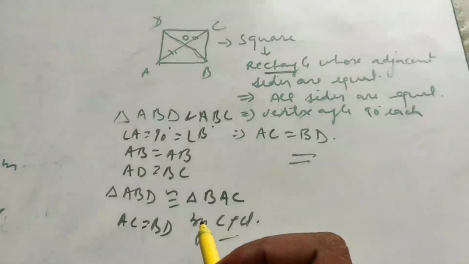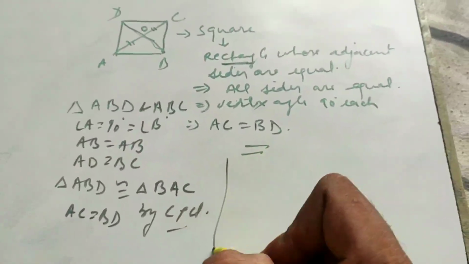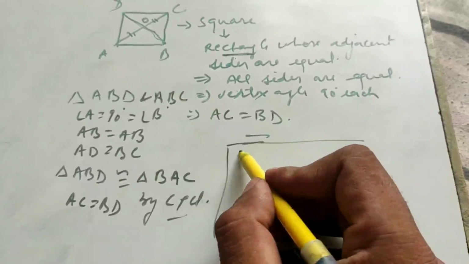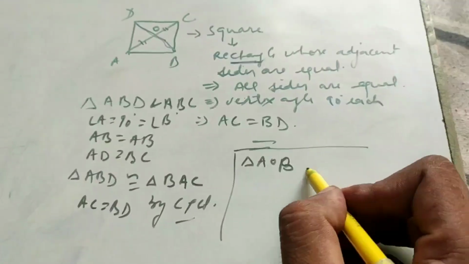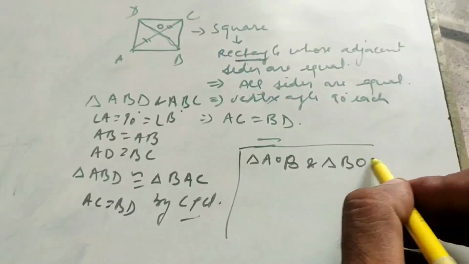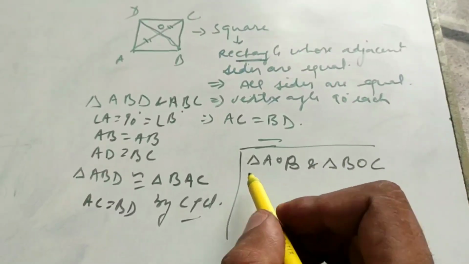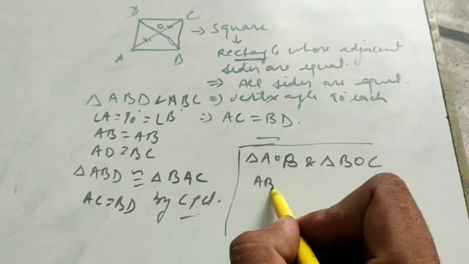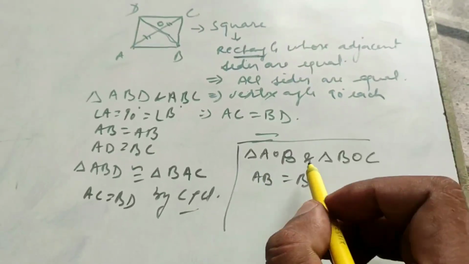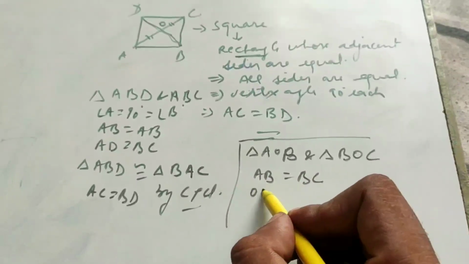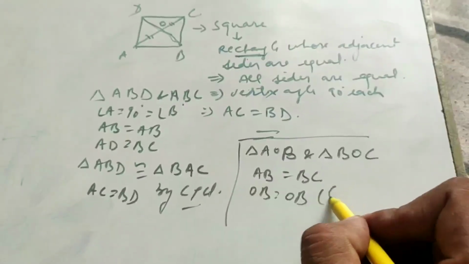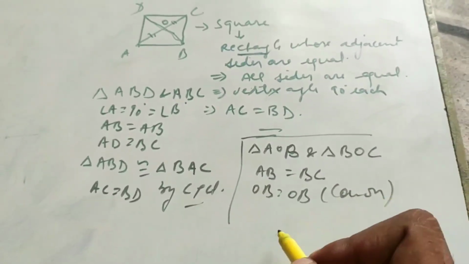Now consider the smaller triangles: triangle AOC, triangle AOB and triangle BOC. In these two triangles we can see that AB is equal to BC because all sides are equal in the case of a square, and OB is the common side to both the triangles.